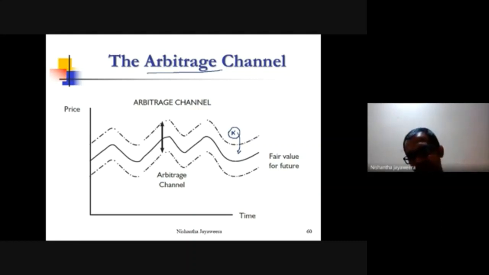You have to pay fees to brokers. That depends on the number of contracts that you do. That's a different topic. However, you have to consider all those things. So it's not an easy task to identify whether there's an arbitrage opportunity.